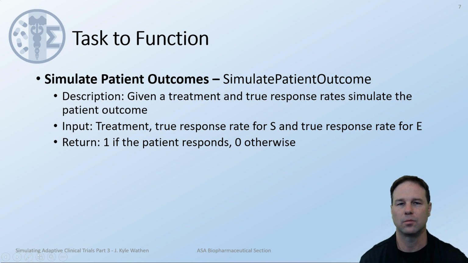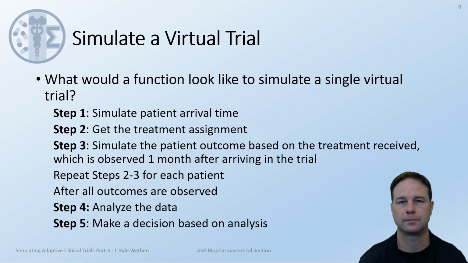So the inputs would require the treatment, where we either have S or E, and the response rates for both. What we would like is for it to return a 1 if the patient responds and a 0 otherwise. In other more complex settings, such as time to event, maybe multiple outcomes, this function could do more, but for this case, it will simply return a 1 or a 0.